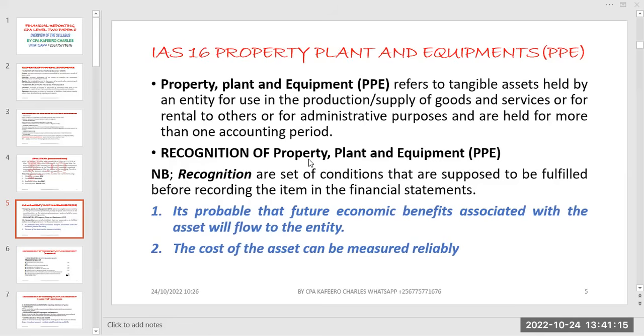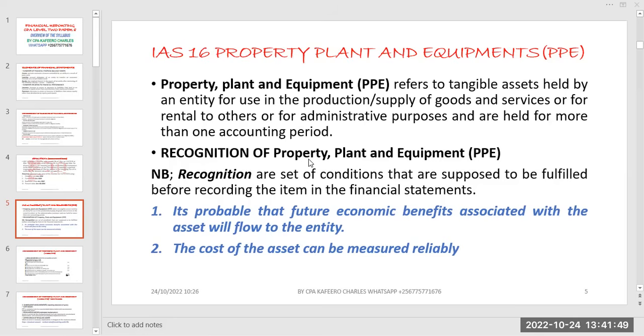It may be a building that has been constructed, but the company uses that building as its head office or branch or whatever. That's what we are talking about. It is used by the organization for more than one accounting period. That's more than 1 year. That's how basically I can give you a brief review about the non-current assets.